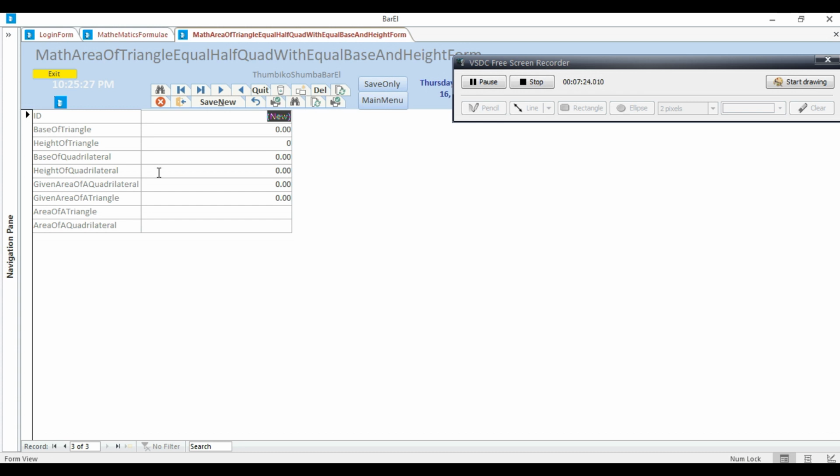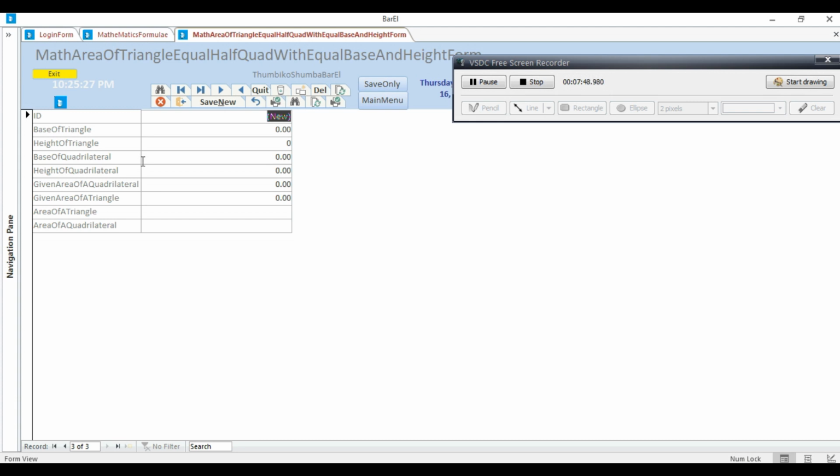If the base and the height of a triangle are just the same as the base and the height of a quadrilateral, then the area of a triangle is half of that quadrilateral.